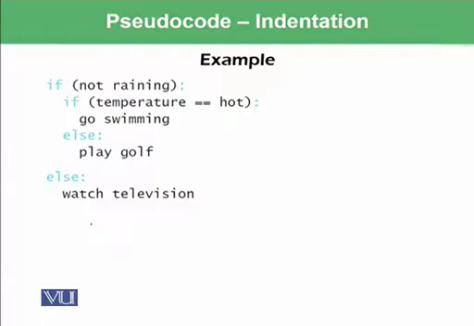There is another concept which we want to cover over here, which is called the concept of indentation. Whenever we write code, we make it indented. What I mean by indent is this: we have written an if structure. If not raining, and then there is another if: if temperature is equal to hot, go swimming, else play golf, else watch television. By indentation we mean that the things on the same level should be on the same distance from the left side.